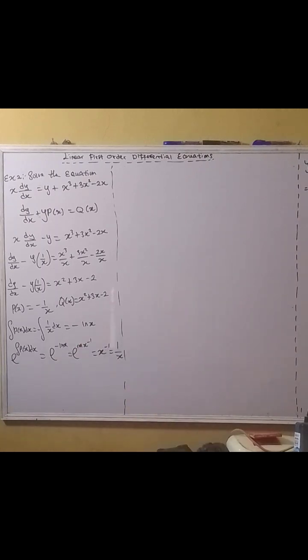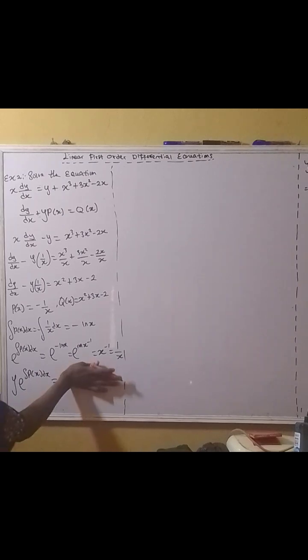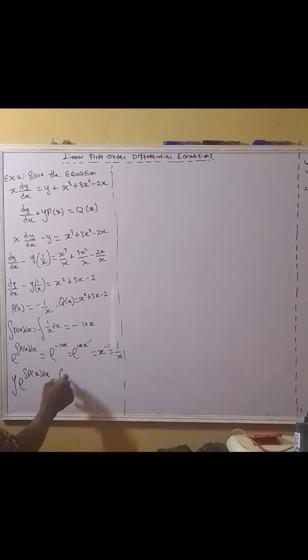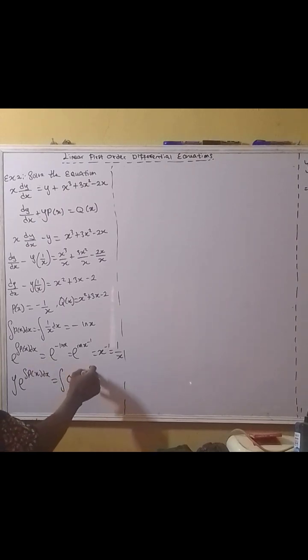So at this particular point, we can write the equation back in the primitive form. In the primitive form, we know y times the integrating factor equals the integral of q(x) times the integrating factor, dx.